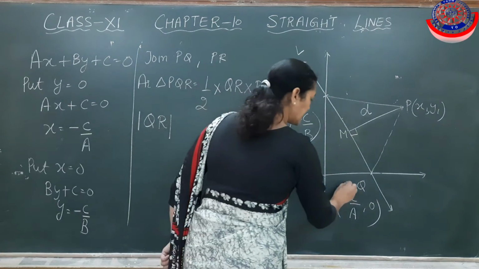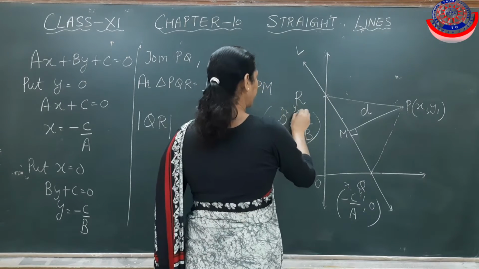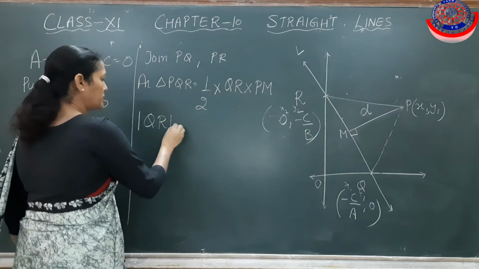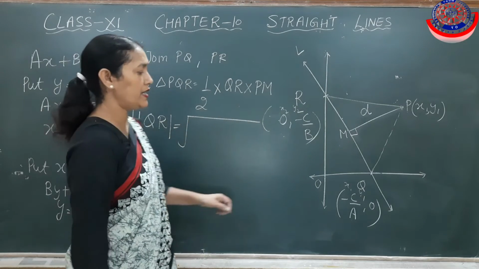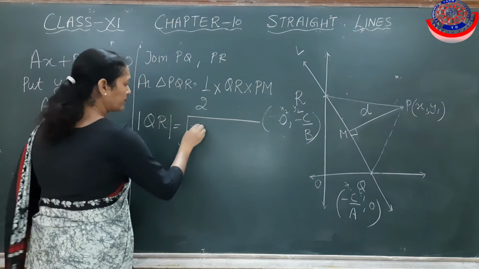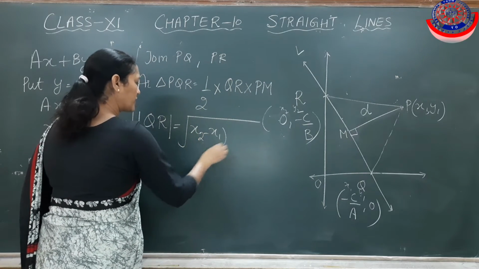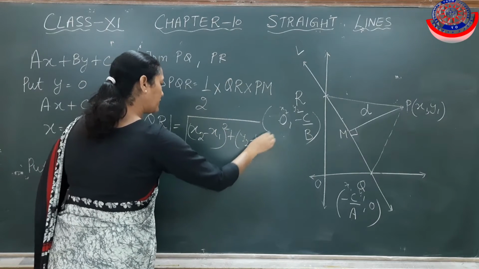If we take it as (x1, y1) and (x2, y2), using the distance formula we know that the distance between the 2 points is the square root of (x2 - x1) whole square plus (y2 - y1) whole square.